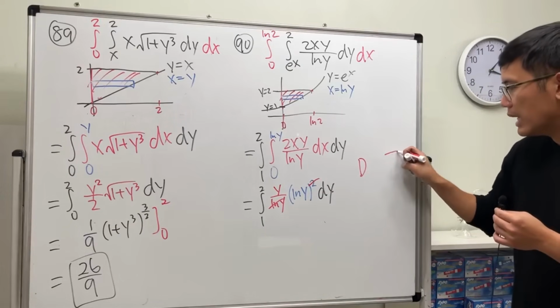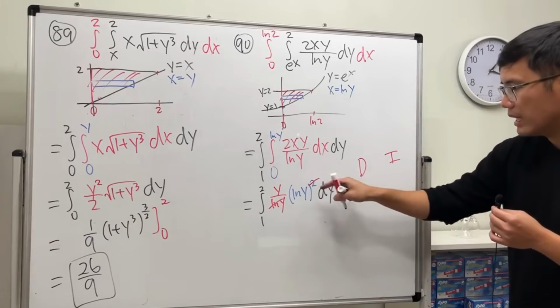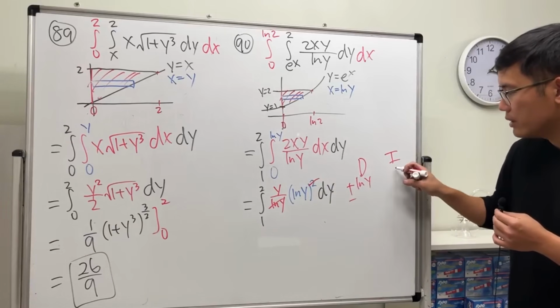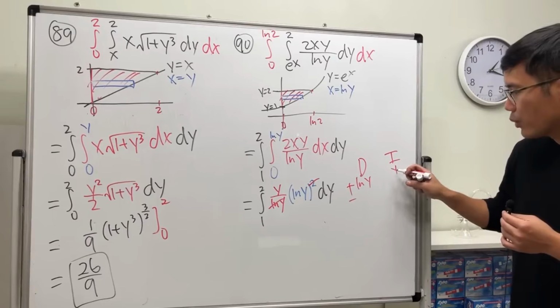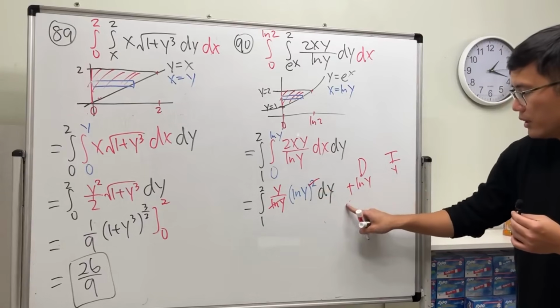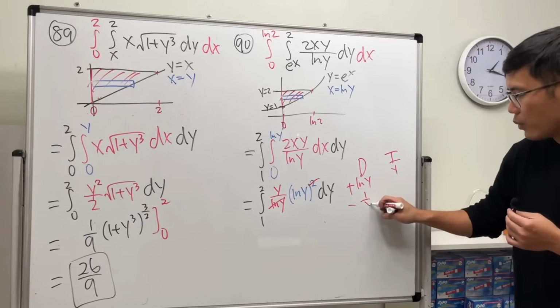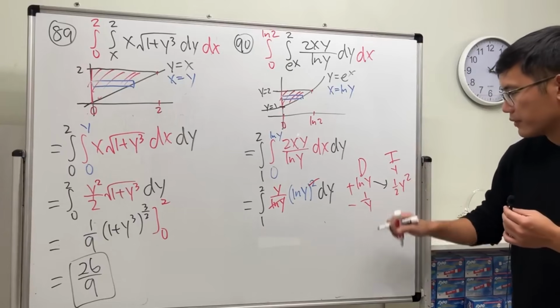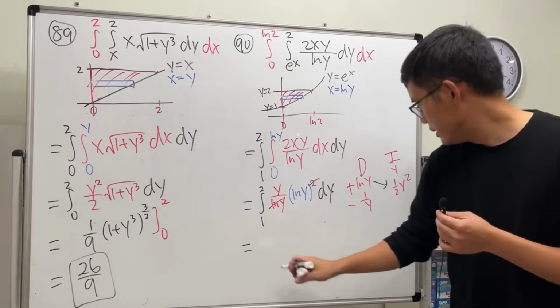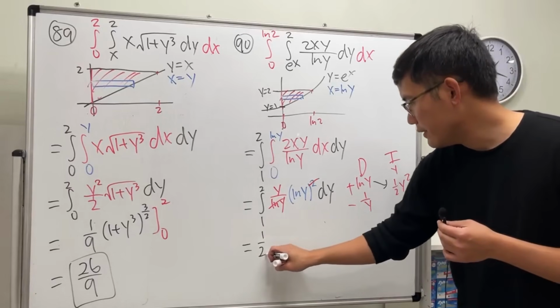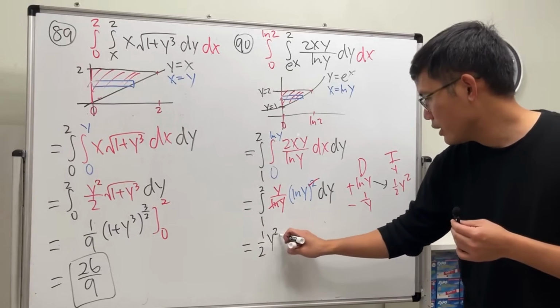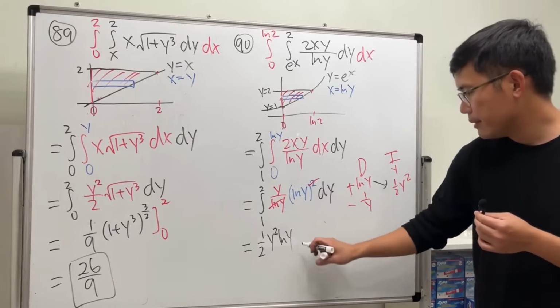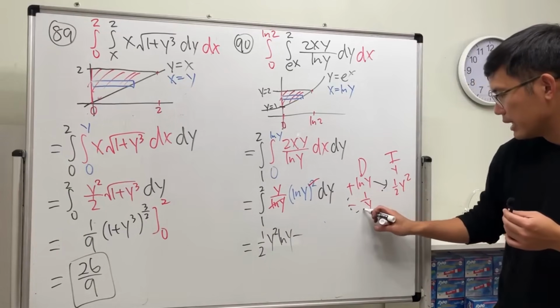I will differentiate ln y, and I will integrate y. Differentiating ln y will give us 1 over y. Integrating y, I will get 1 over 2 y squared. So the first part of the answer is 1/2 y squared ln y, minus, multiply this and that.